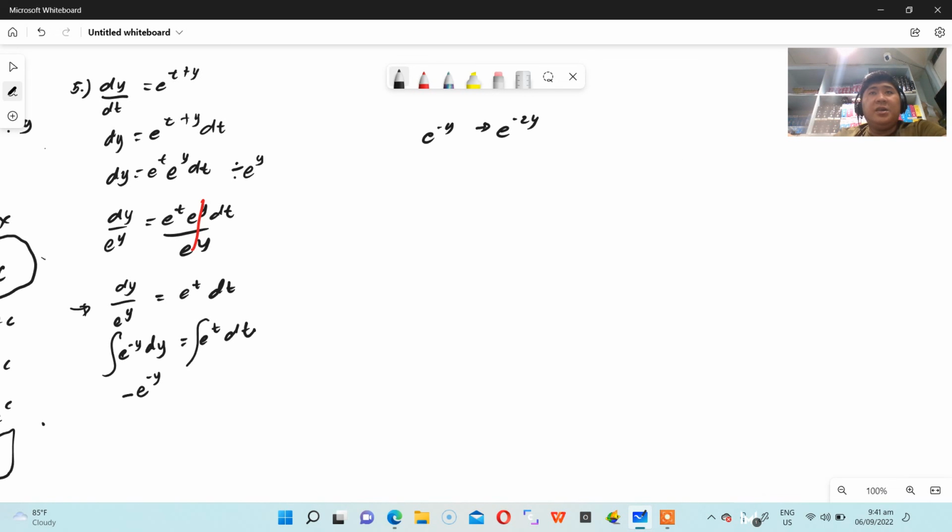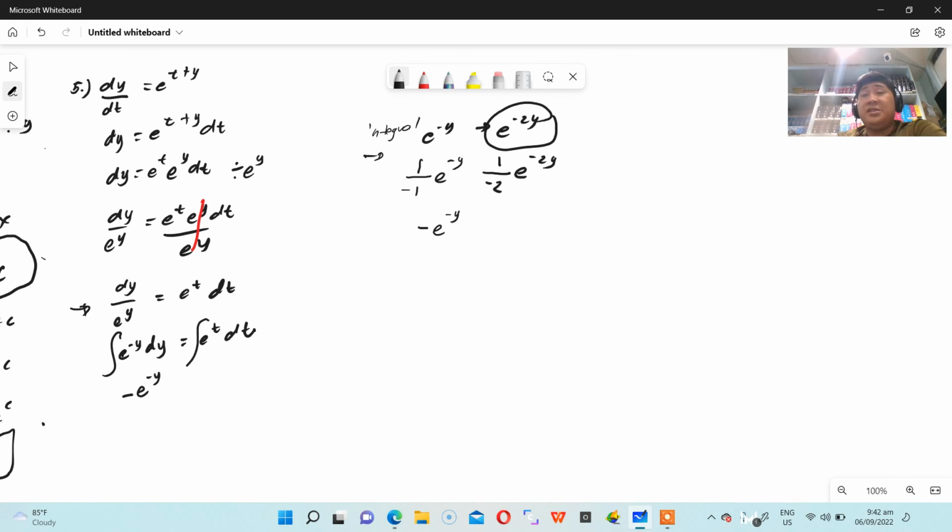For e raised to the power of negative 2y, the integral is negative 1 over 2, copy it, e raised to the power of negative 2y. If that is e raised to the power of negative y, that is 1 over negative 1, which is negative 1, so negative e raised to the power of negative y. That is if it is an integral.